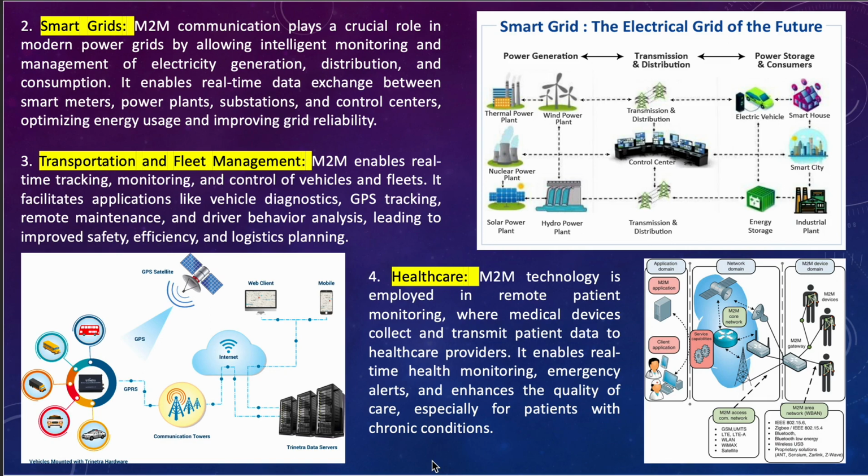They will both be connected to a network, either the intranet of the hospital itself or the internet. When it is connected to the internet and that information is passed through, it will become IoT. But this is also a very good example of M2M technology, where machine to machine is being used.